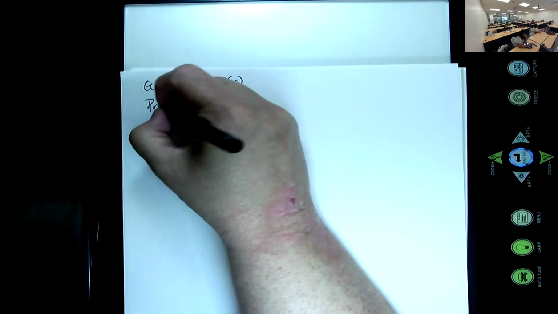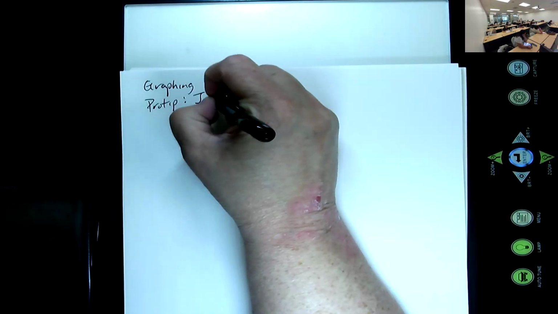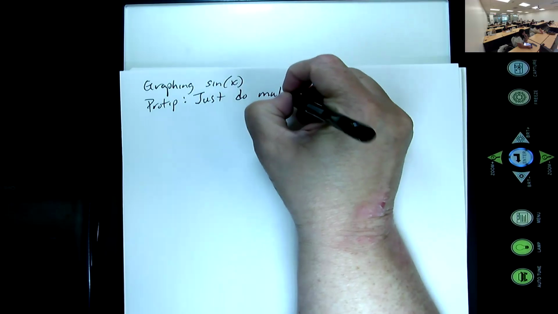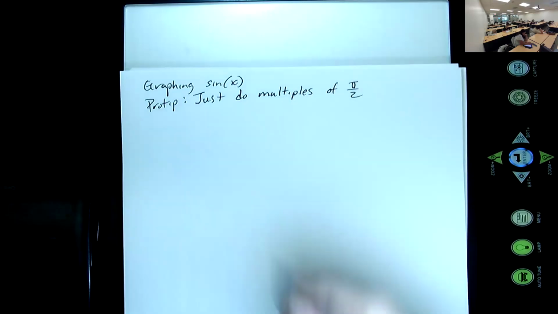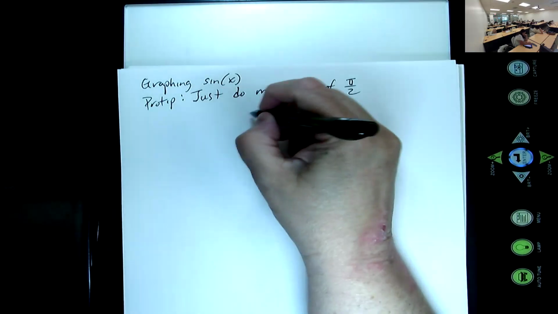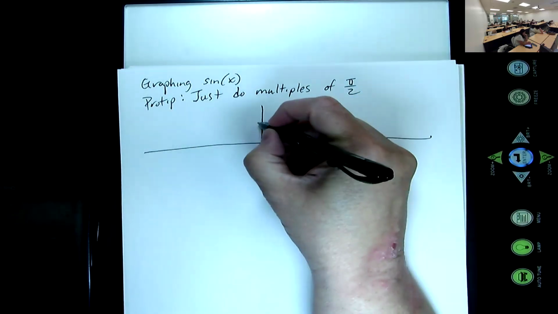Pro tip: just do multiples of pi over 2. We know the graph of sine is not very tall, it only goes up to 1 and -1.